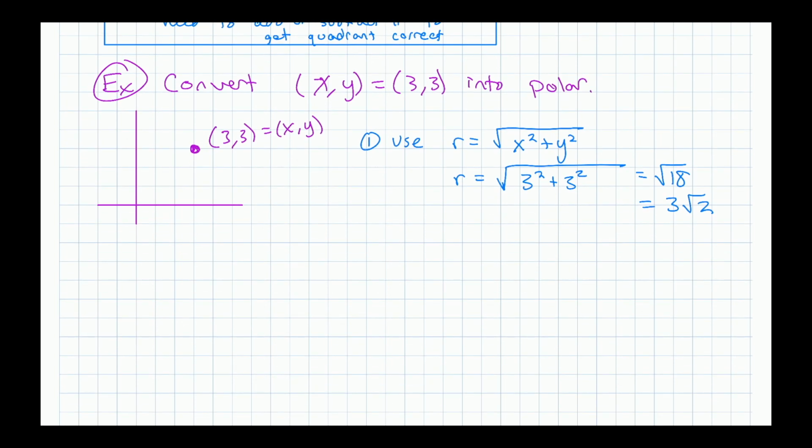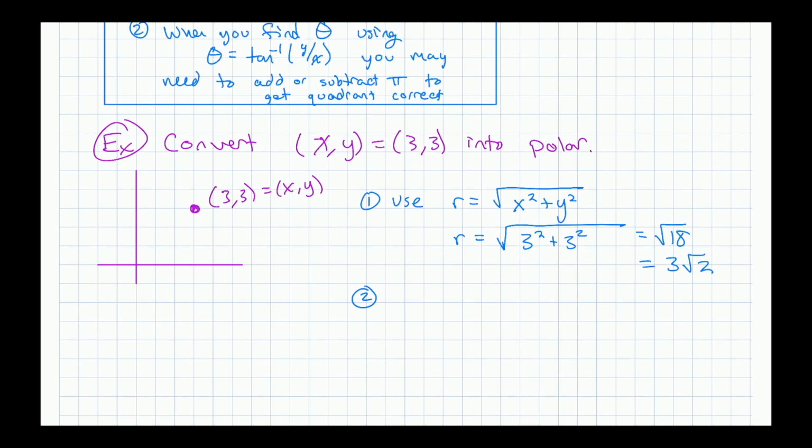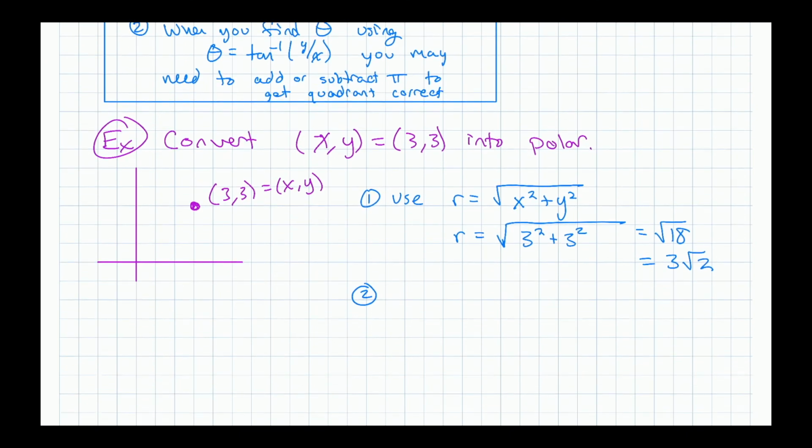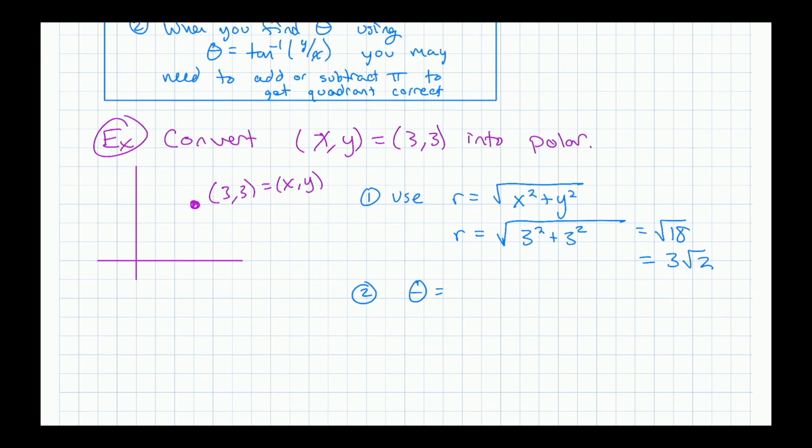All right, so that's how you get the r. Just use that formula. Now for the theta, that's the one that I said was hard. In this case, it's going to be easy though. Theta is just going to be tangent inverse y over x, so tangent inverse of 3 over 3.